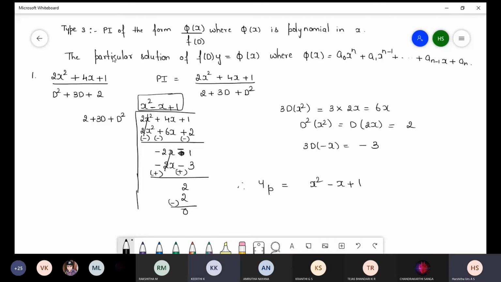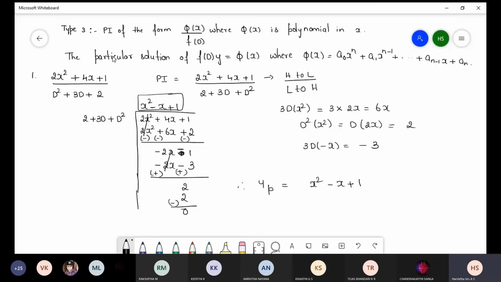See here, first we have to write the given RHS in terms of higher degree to lower. Whereas in the denominator, we have to write the differential operator in terms of lower to higher. After writing this, we have to use the synthetic division method.